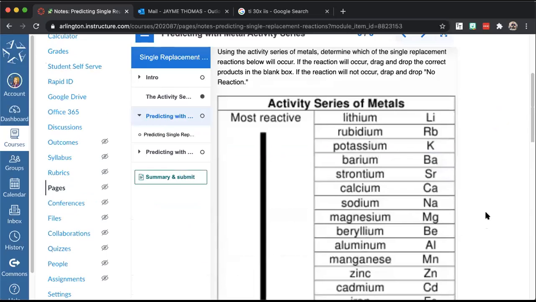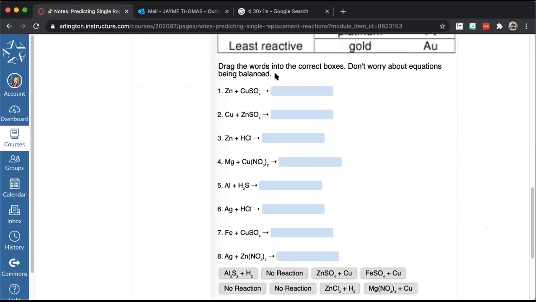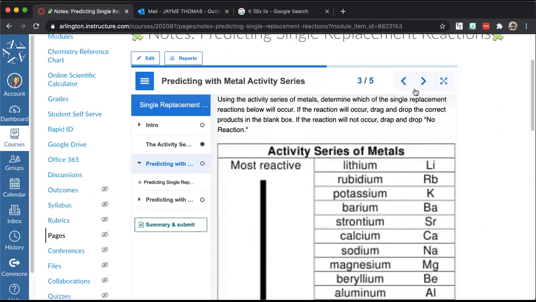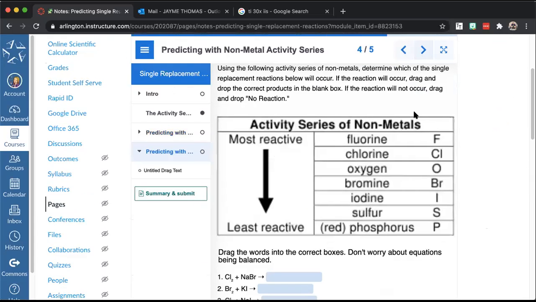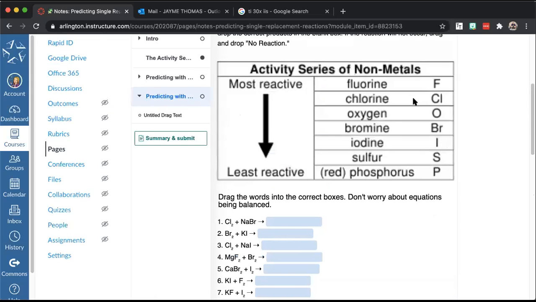So on this one, you are dragging and dropping. Is it going to be no reaction, or is it going to make products based on the activity series? We're not worrying about them being balanced, okay? And then on the next one, you have some with the nonmetals. So kind of the same concept, in that you are going to tell me, did they make products, or is there no reaction? Okay.